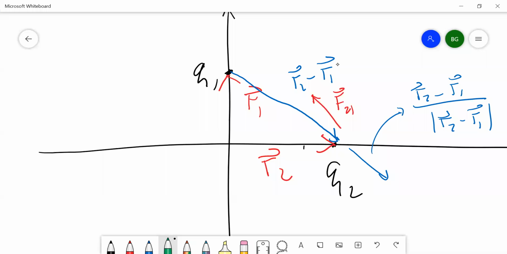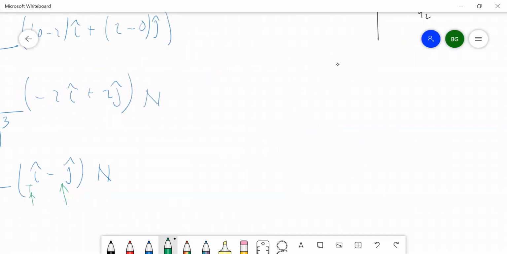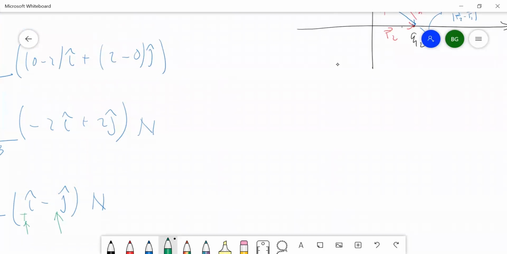And F12, which acts on Q1, is in the other direction. You see that the magnitude of F12 is equal to F21.